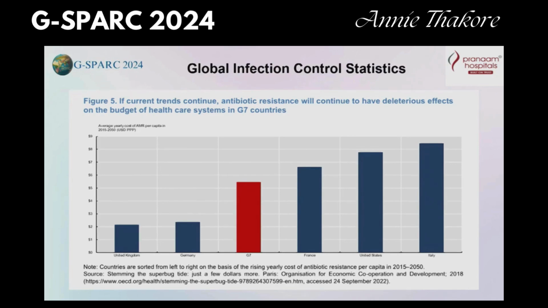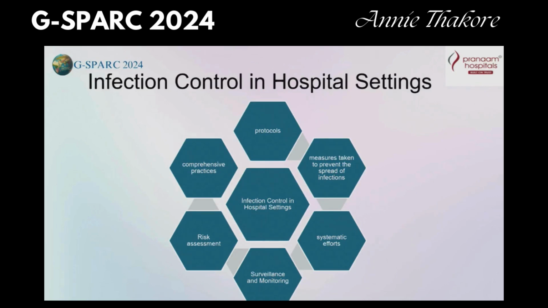If the current trend continues, antibiotic resistance will continue to have deleterious effects on the budget of healthcare systems in G7 countries. Countries are scored from left to right on the basis of the rising yearly cost of antibiotic resistance per capita from 2015 to 2050.